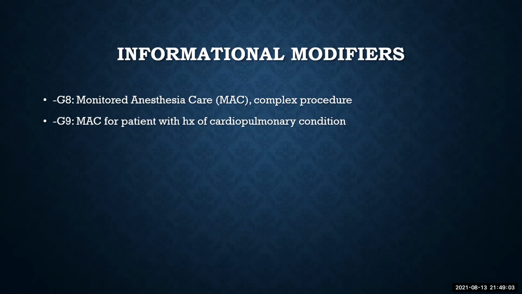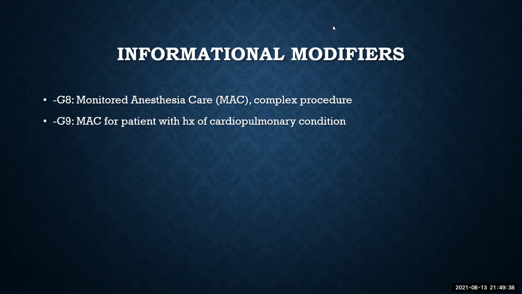Even if it is something that's in the documentation, using modifiers like this is kind of like when we were doing diagnosis codes, ICD-10, when we had those Z codes that helped us describe conditions better. It helps us describe things better so we can have a more complete understanding of what is going on with that patient immediately when we look at their charts, right? So that is what the informational modifiers are.